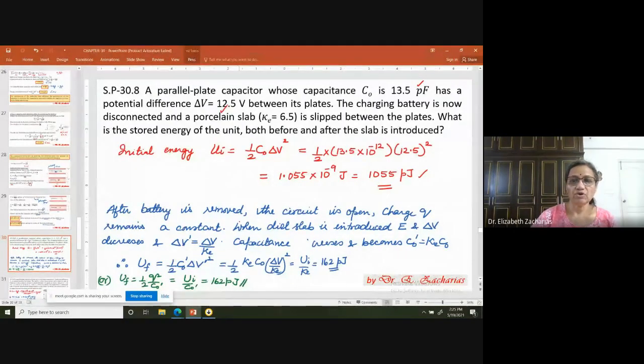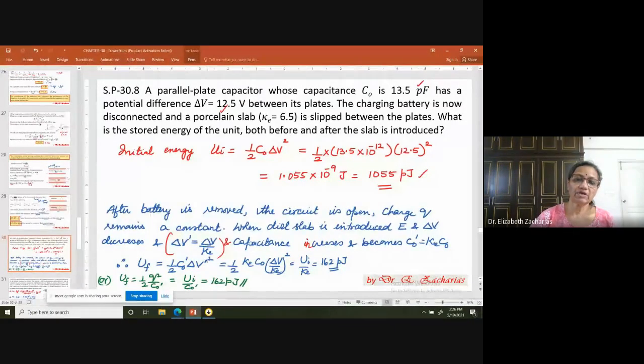After the battery is removed, circuit is open, charge on the plates will remain a constant. Now, when the dielectric slab is introduced, electric field and potential difference will decrease. The new value of potential difference will be delta V prime equal to delta V by kappa E. We just saw that. And the capacitance value increases by a factor kappa E. Therefore, the new energy can be written as half C naught prime delta V prime square.